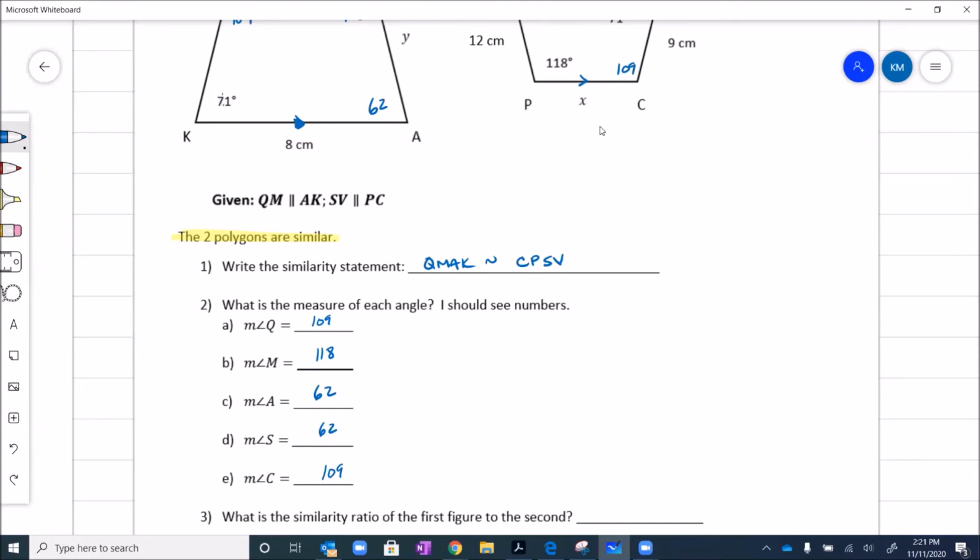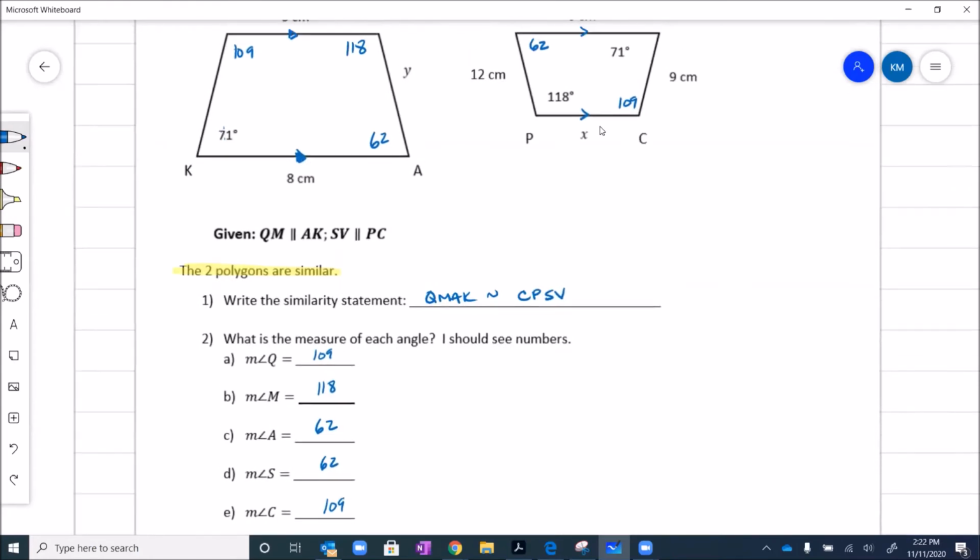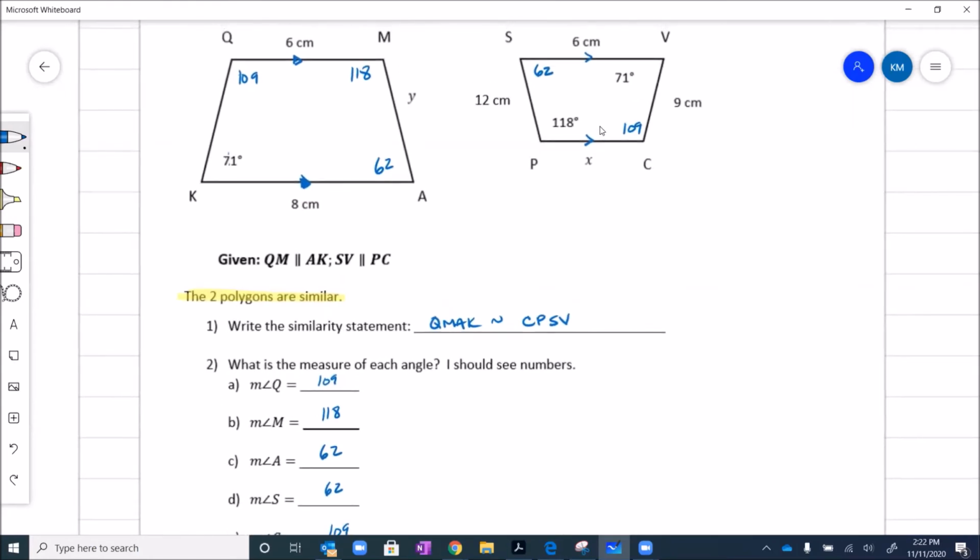Now it asks, what is the similarity ratio of the first figure to the second? Okay. Now we only know one set of corresponding sides. And that would typically be a problem if we were trying to establish that the figures are similar.